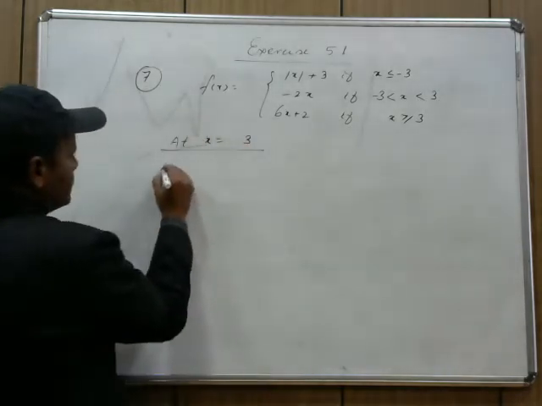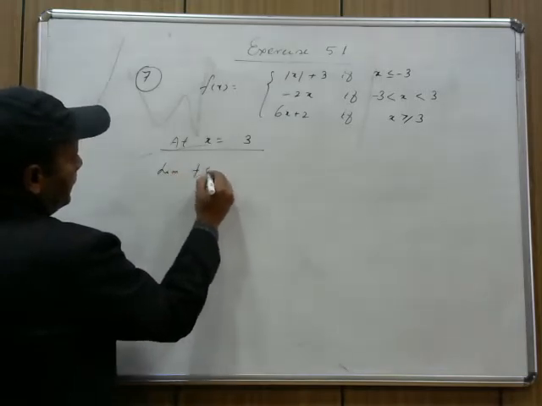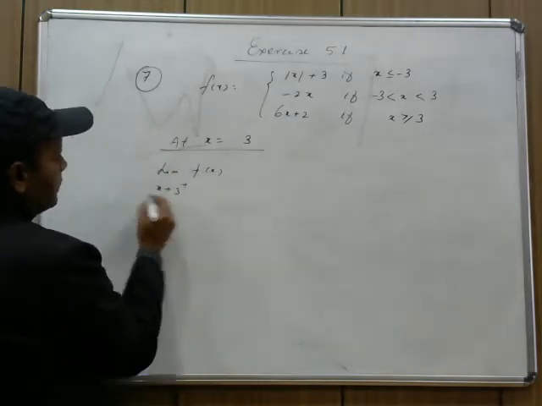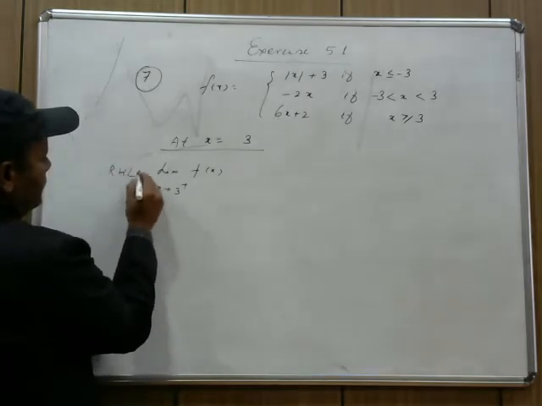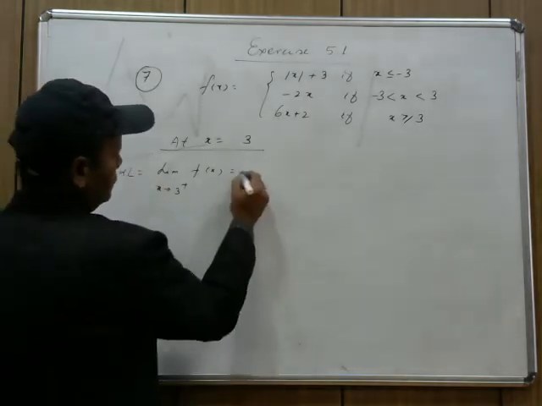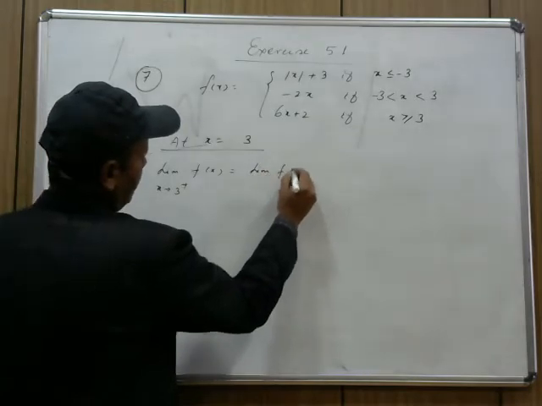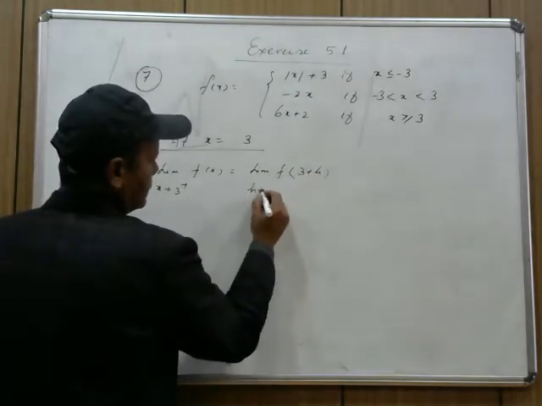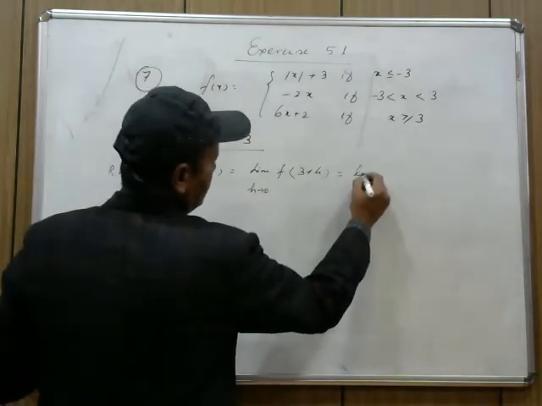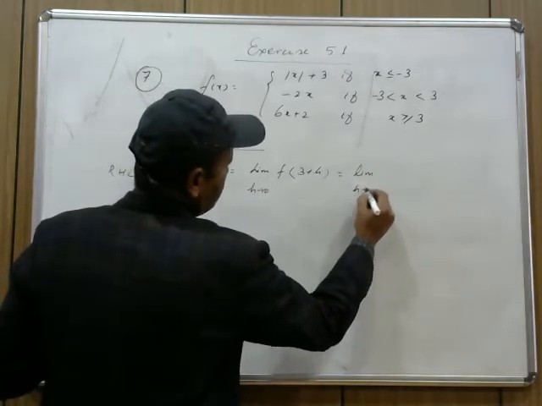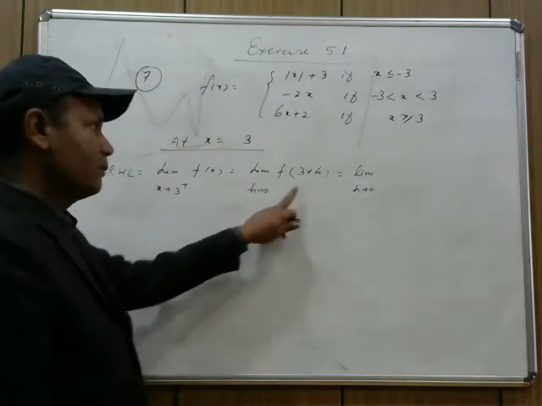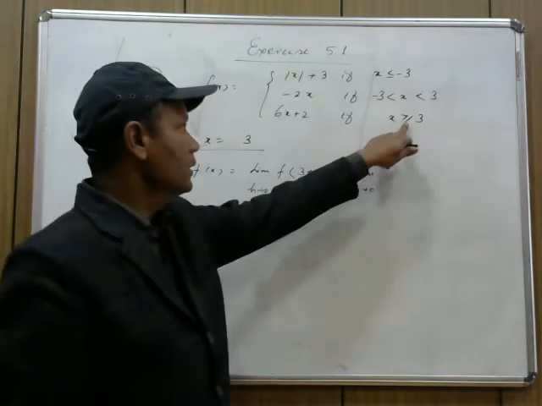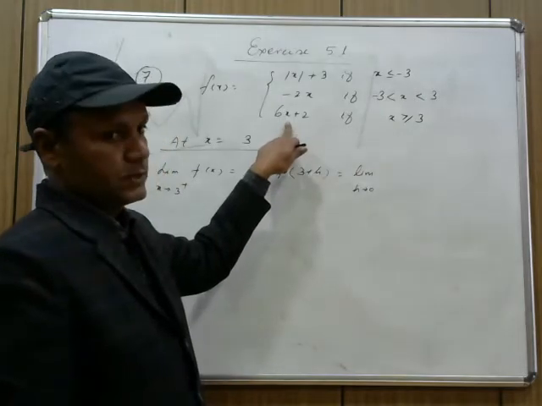Now, limit of the given function f of x as x tends to 3 plus, a right hand limit, is equal to limit h tends to 0 of f of 3 plus h. That is more than 3, x greater than or equal to 3, what we have is 6x plus 2.